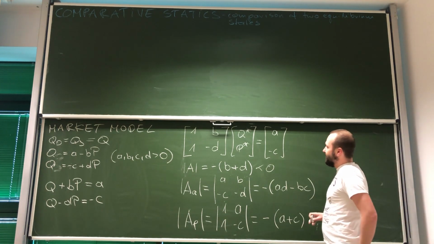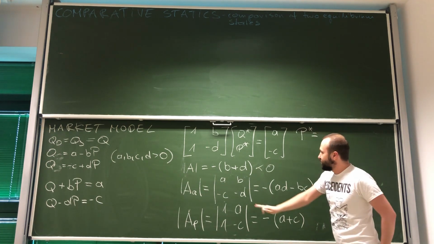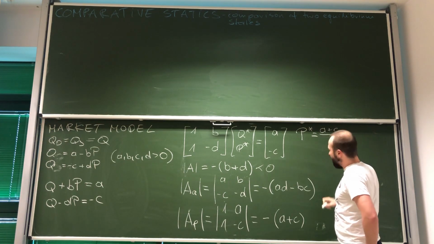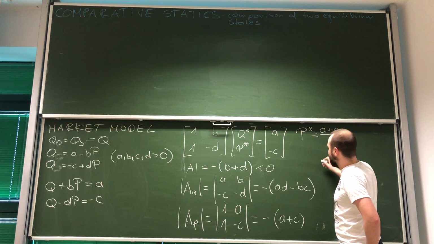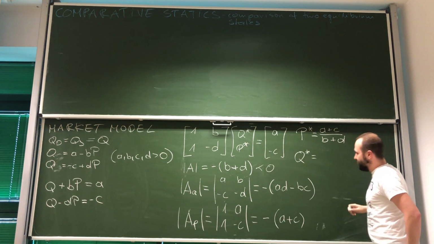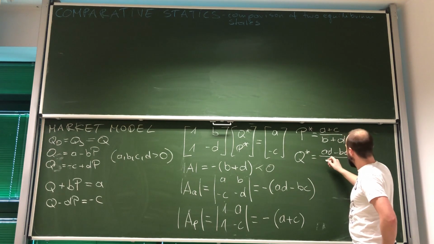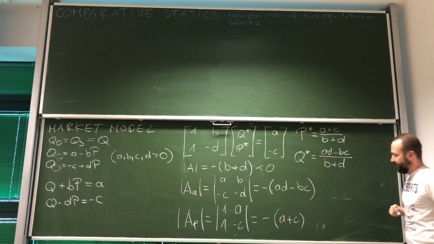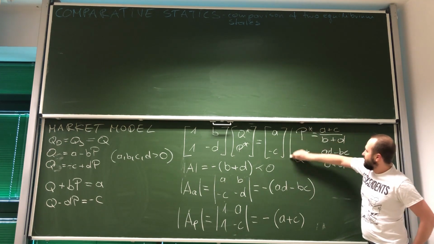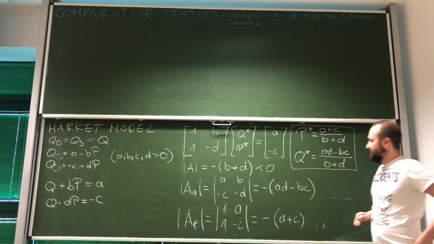And from that, we are getting that equilibrium price, which is equal to AP over A, is equal to a plus c over b plus d, and Q in equilibrium is equal to ad minus bc over b plus d. And look, those are exactly the same results we had previously, right?